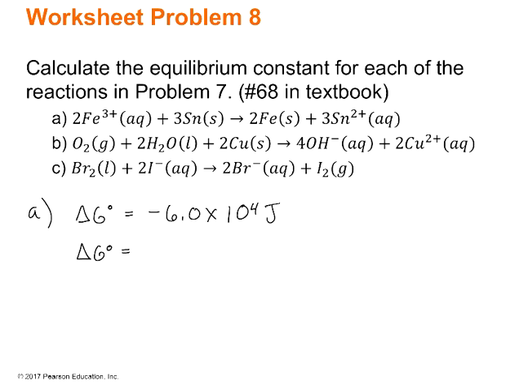And previously we've said that delta G is equal to negative RT times the natural log of K. So what we're going to do is solve for K, the equilibrium constant. So what we'll do is plug in everything we know and then rearrange and solve for K. Let's plug in our delta G value.